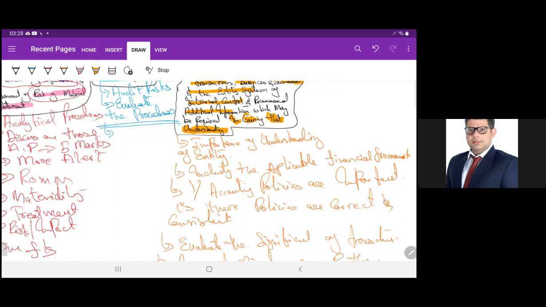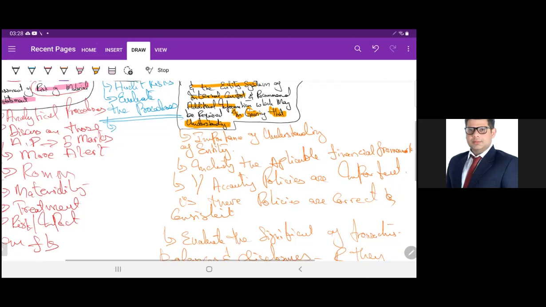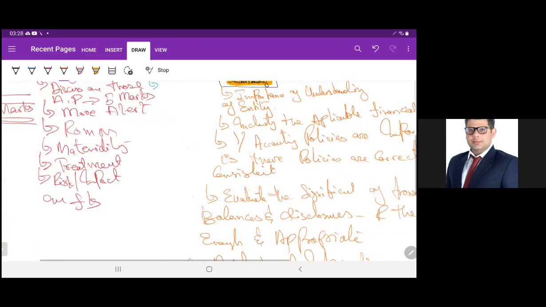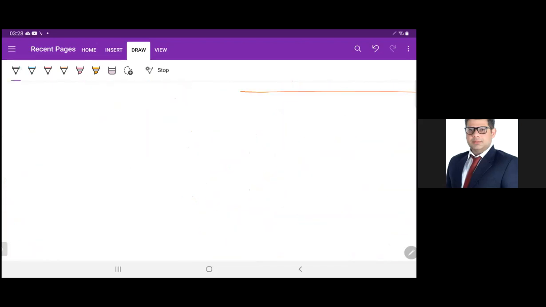Then, okay, let me give you a little revision on the objectives of audit and assessment of risk.